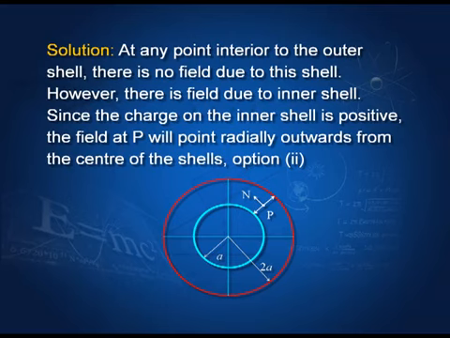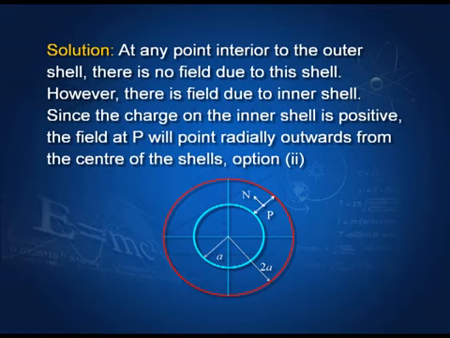Inside this surface, the outer shell is outside this surface, therefore it does not contribute to the charge, only the inner one contributes the charge, and that charge is plus q. If the sphere has radius r, then it will be 4 pi r squared times E equal to plus q by epsilon 0, because the outside charge does not matter, because it is not inside the Gaussian surface that we draw.